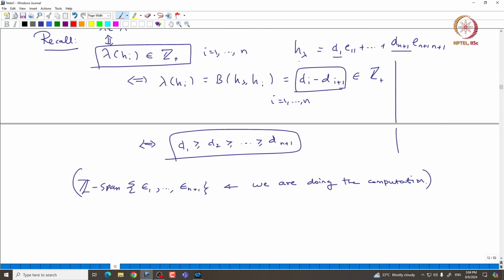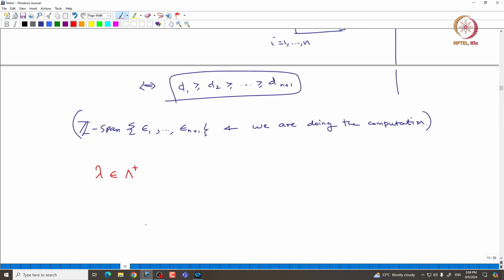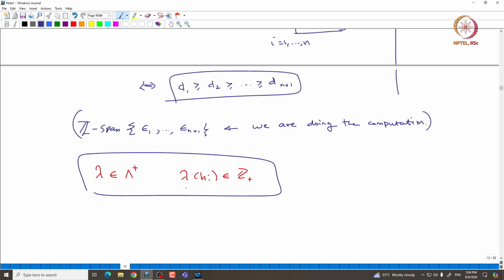So, let us observe something about this h lambda. Lambda is coming from the dominant weight. That means all we know is that lambda of hi are non-negative integers. This is what is encoded in this information, but to begin with lambda plus is contained in lambda.